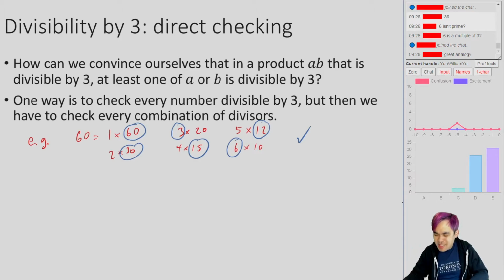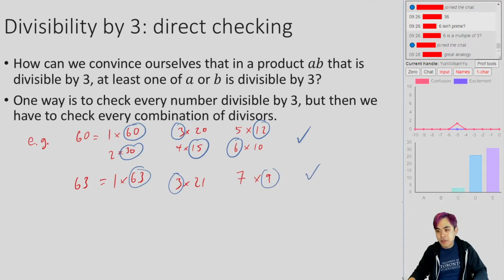But this is a little bit slow, right? If you want to do this, you have to do this for every single multiple of 3. So 63 is equal to 1 times 63, or 3 times 21, or 7 times 9. And you can check, and you can see, oh, well, 63 is divisible by 3, 3 is divisible by 3, 9 is divisible by 3, and so that works.